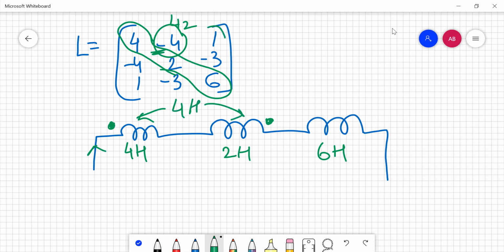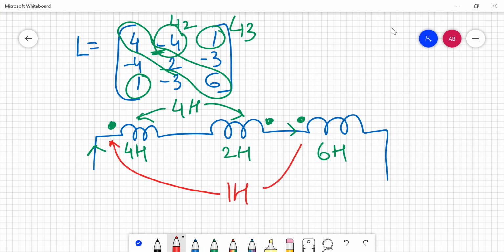Now you come on to 1 and 3. The 1 and 3 is positive. So that means if the current is entering at this dot, the current is also entering the third coil at the dot. So the mutual inductance coefficient between coils 1 and 3 will be 1 Henry.